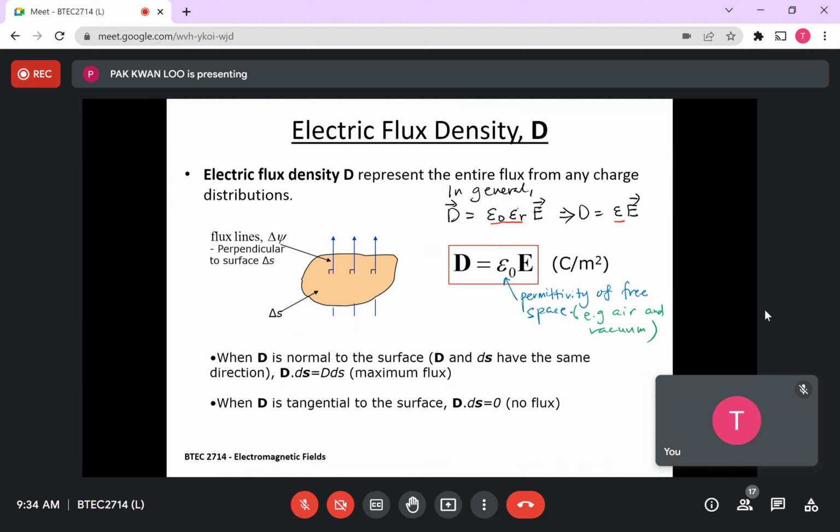So we can calculate the electric flux density in the medium.